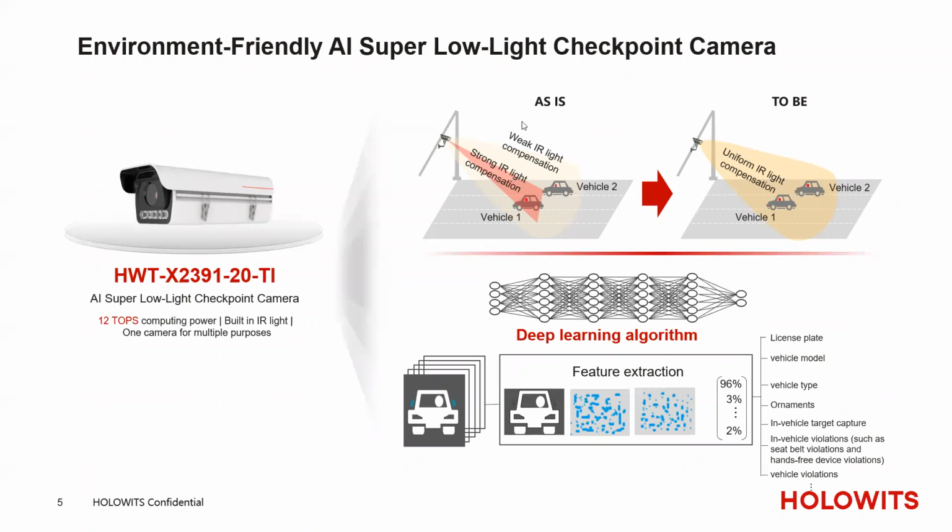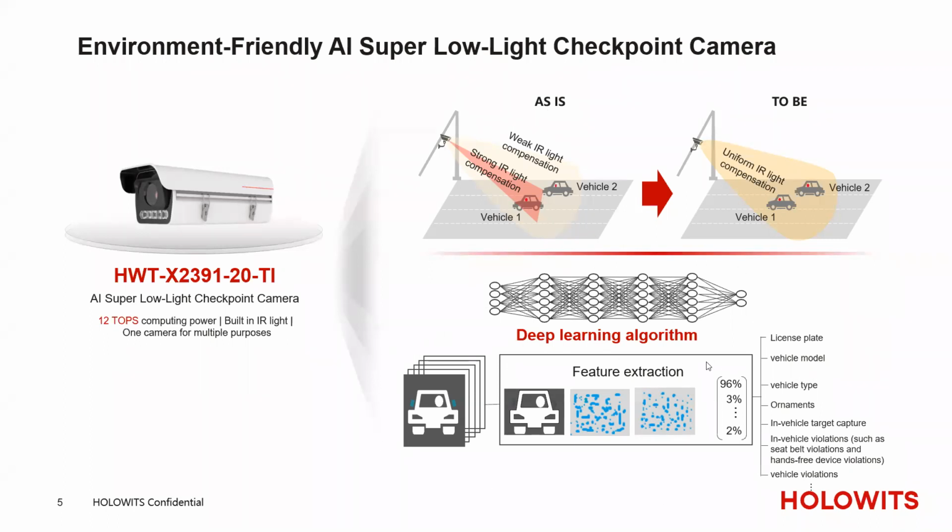So this is normal, like we have weak IR light compensation, strong IR light compensation. To B, this is what our cameras can do. We have the uniform IR light compensation. So this is very environment friendly. To achieve this, we use the deep learning algorithms.